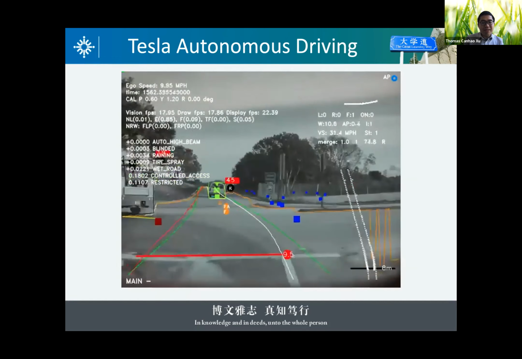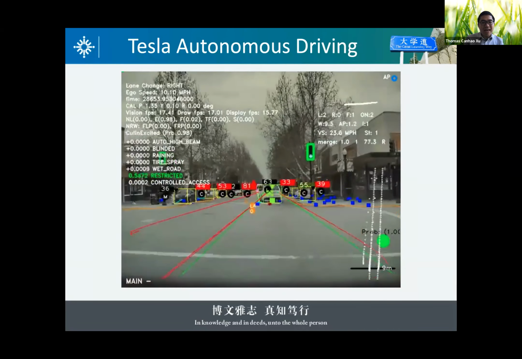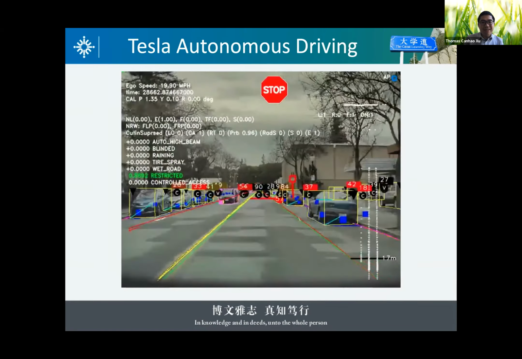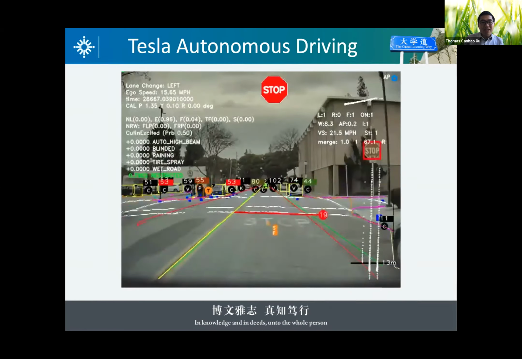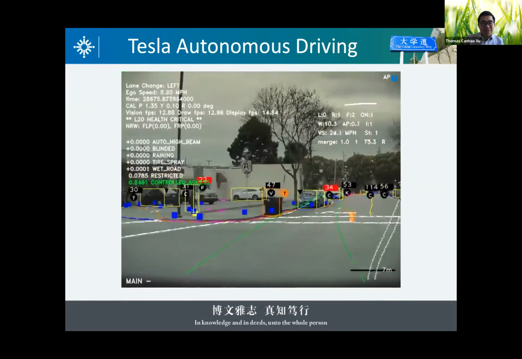As you can see, it can recognize the lanes, the road, the direction marks, the traffic signs, and different cars parked next to you. So it can recognize a lot of things.